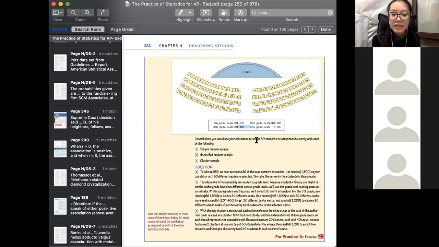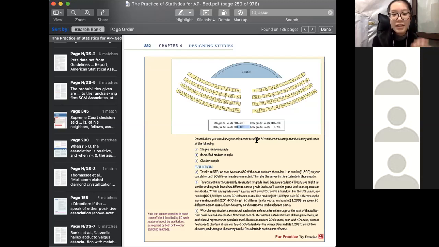And for cluster sample, it's similar between each different sample, but different within each single piece of sample. So think about similar within, different between, or similar between, different within. That's the way to really remember stratified sample and cluster sample.